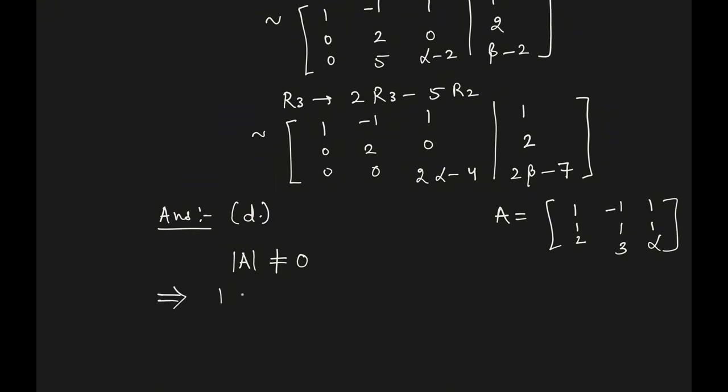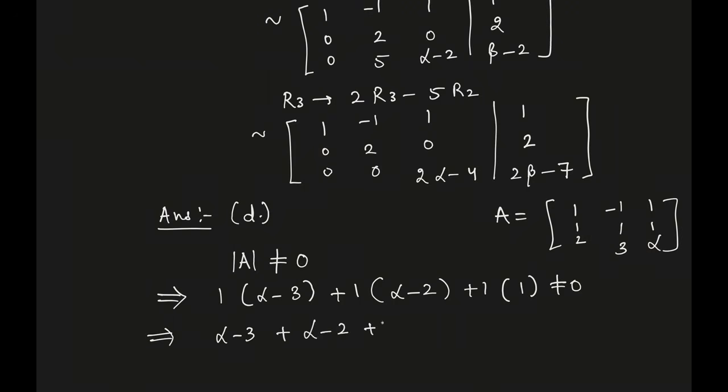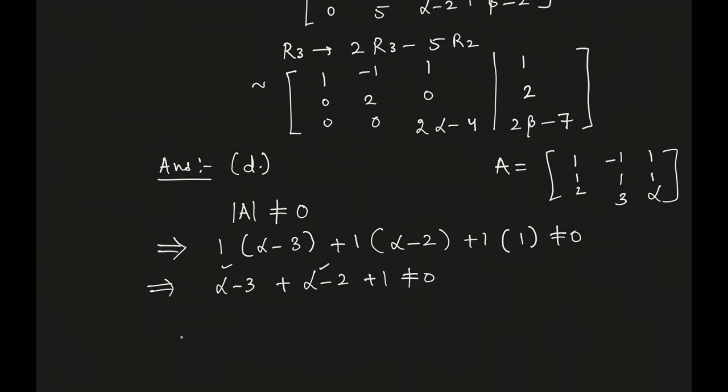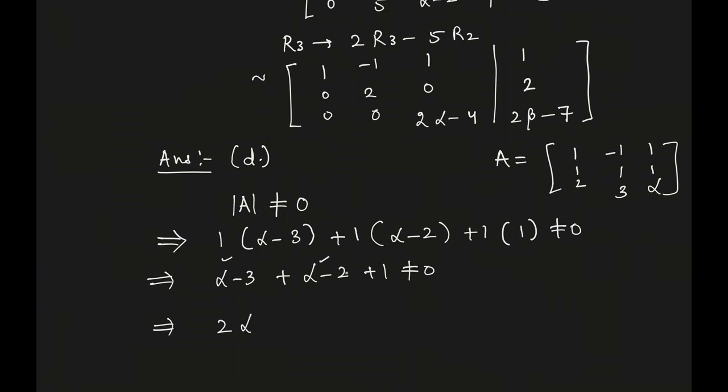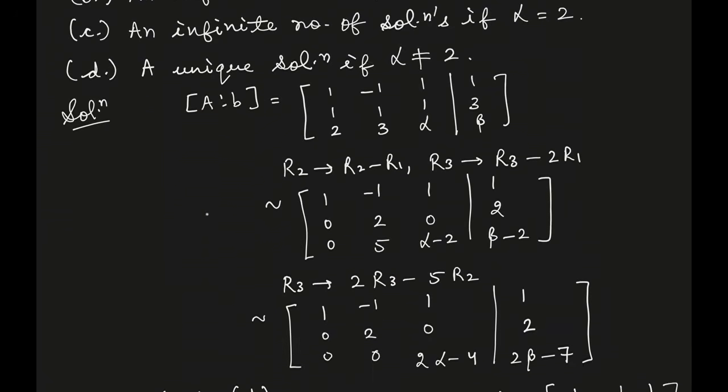This implies 1 into (alpha minus 3) plus 1 (alpha plus 3) plus 2 (minus 1 minus 1)... should be non-zero. So 2 alpha minus 4 should be non-zero. This implies alpha is not equal to 2. So this is method 2 to solve this.